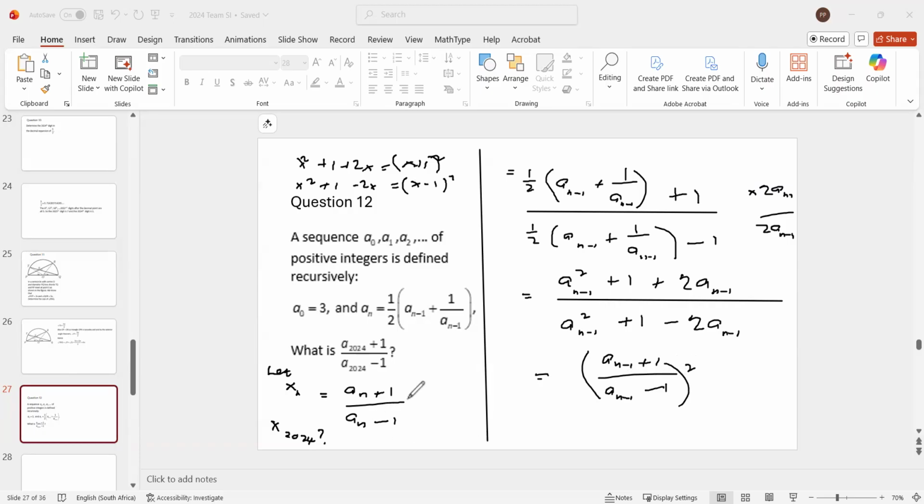And if you check this out, you see that this is exactly the same as this, except that the n is now replaced by n minus 1. So this is x_{n-1} squared.